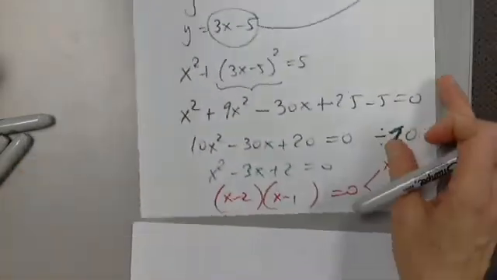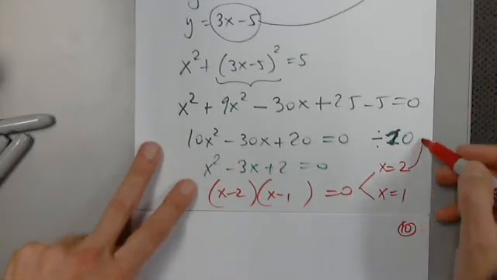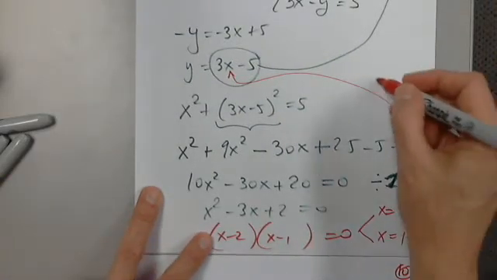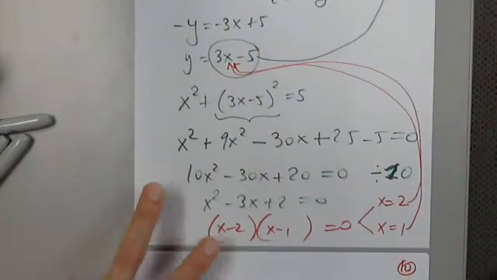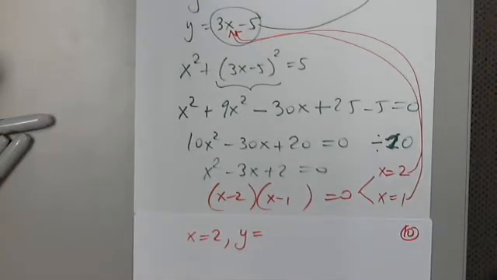Why? Because we only determined x. So now I have to go back here with this and later on with this. So when x is 2, how much is y? 1. So 2 comma 1.